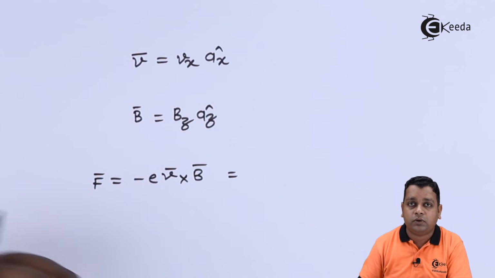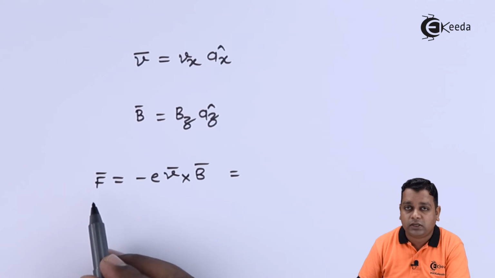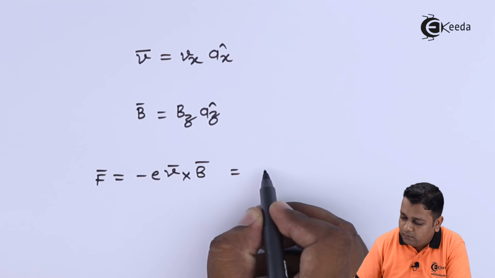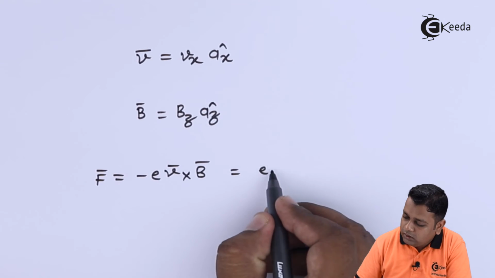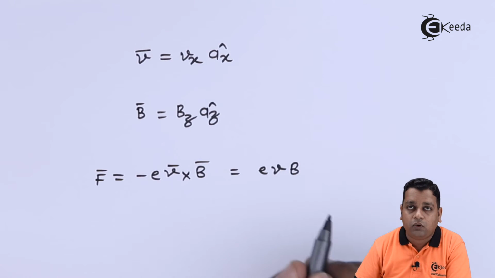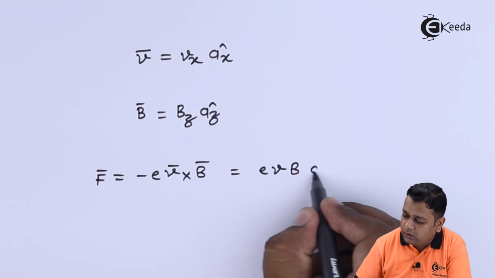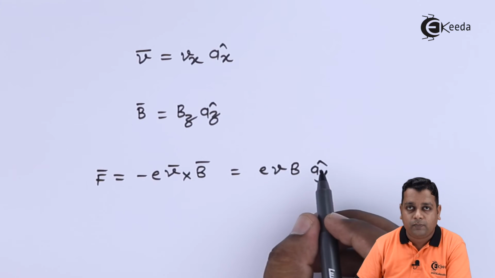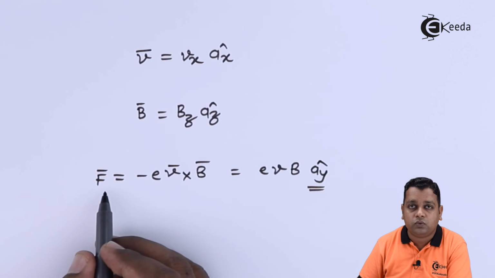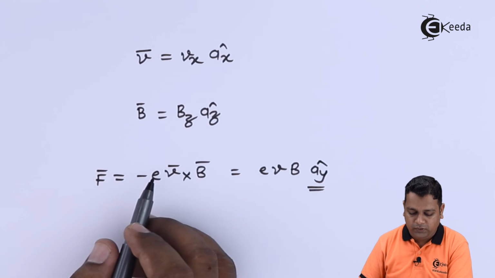Because of these directions, the resultant direction of the force exerted, expressing the magnitude, will be e into v into capital B, and for denoting the direction here we take the help of ay cap. ay cap is the unit vector directed towards this particular force here.